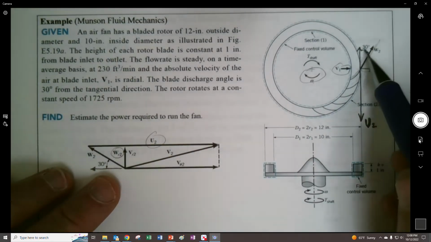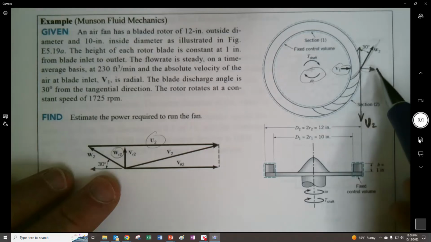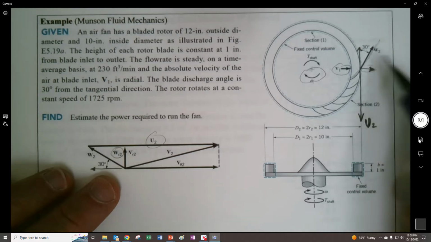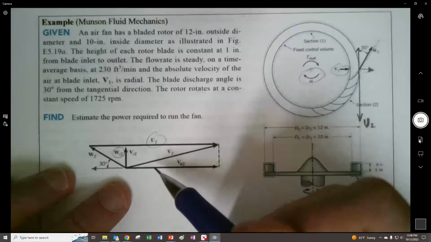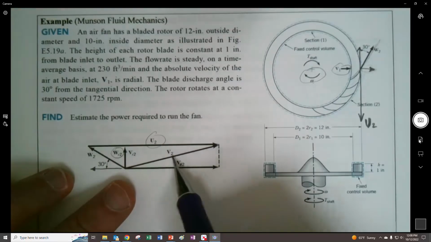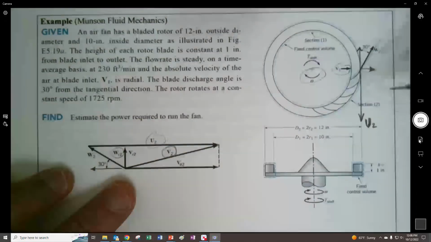By the way, people don't always use that angle, so you have to be on the lookout when people give you an angle for which one they mean. Sometimes they'll give you the complementary angle, so just be aware of that. Now you can kind of see this real velocity. This is the actual velocity V2 that's taking place.